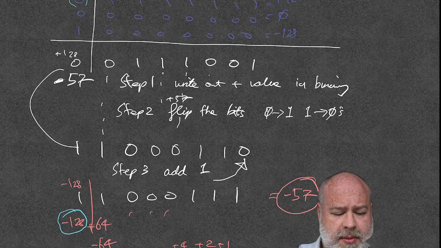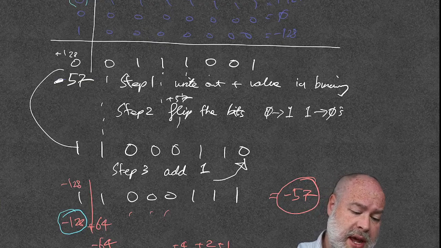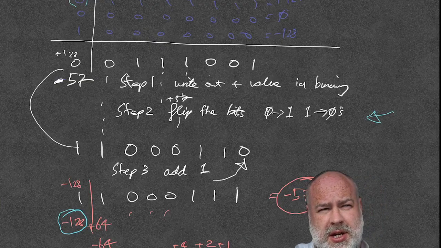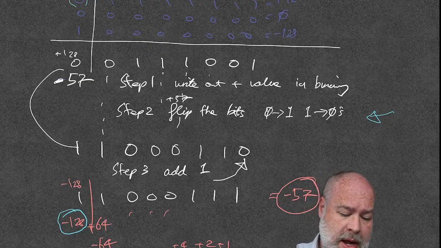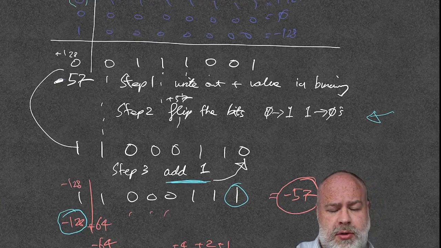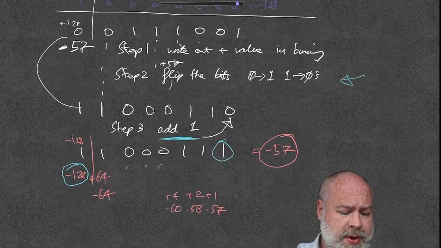There are some exam questions that ask you to write down the steps, and in that case they would want you to remember that you flip the bits, which is actually what we call the ones complement, and then the twos complement bit is adding the one. Okay, so that would give you the 2 marks for that, and then they might give you a number to represent.